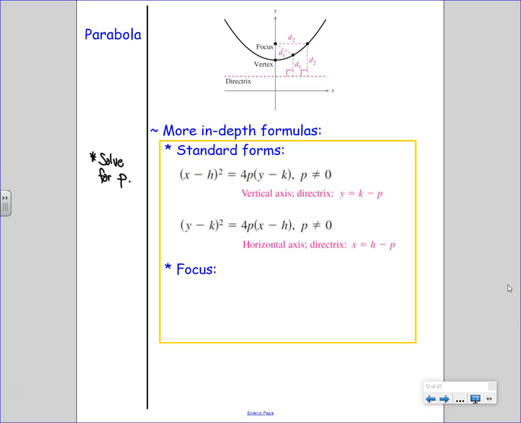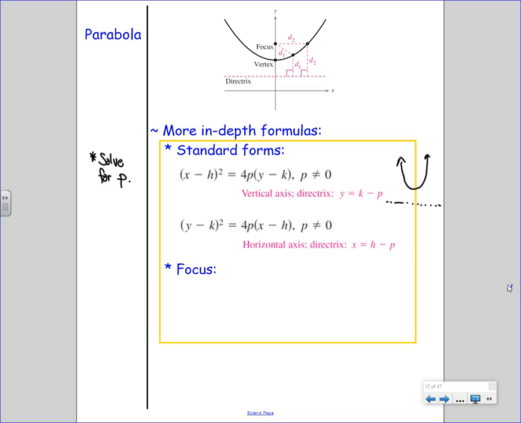If we have a vertical axis of symmetry, so if my parabola is oriented this way, my directrix needs to be a y equals line.